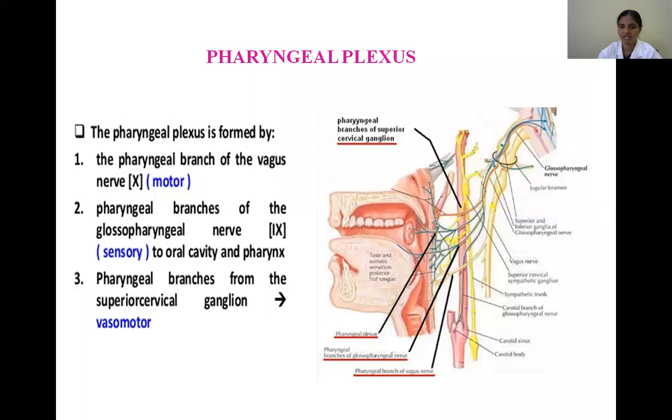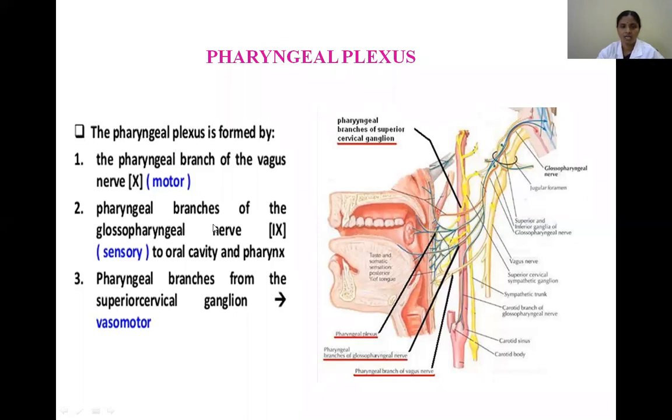But it is not directly supplied, because the fibers of the cranial accessory join with the vagus nerve. So the cranial part of the accessory nerve passes along the pharyngeal branches of the vagus nerve. So the pharyngeal branch of the vagus nerve is motor in nature, and those fibers are derived from the cranial part of the accessory nerve and take origin from a nucleus present in the medulla, which is the nucleus ambiguus. This is the source, right?